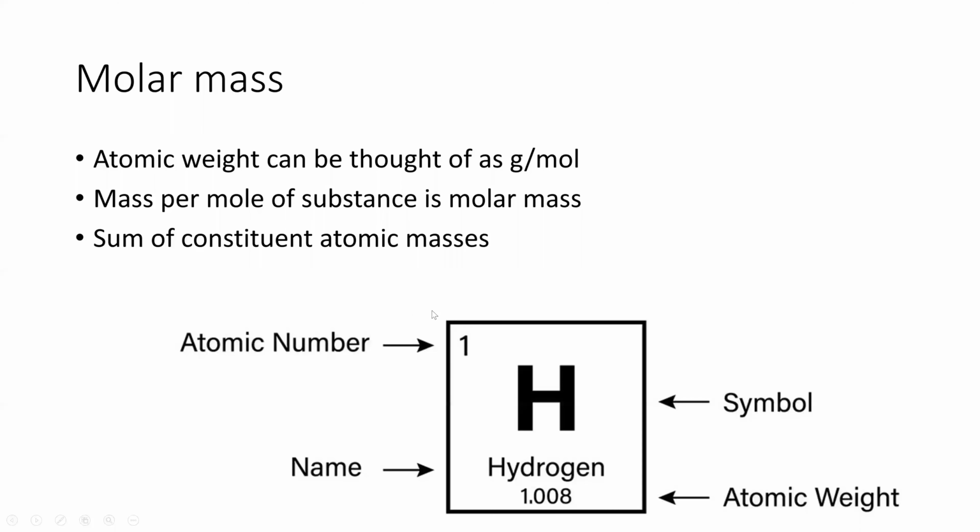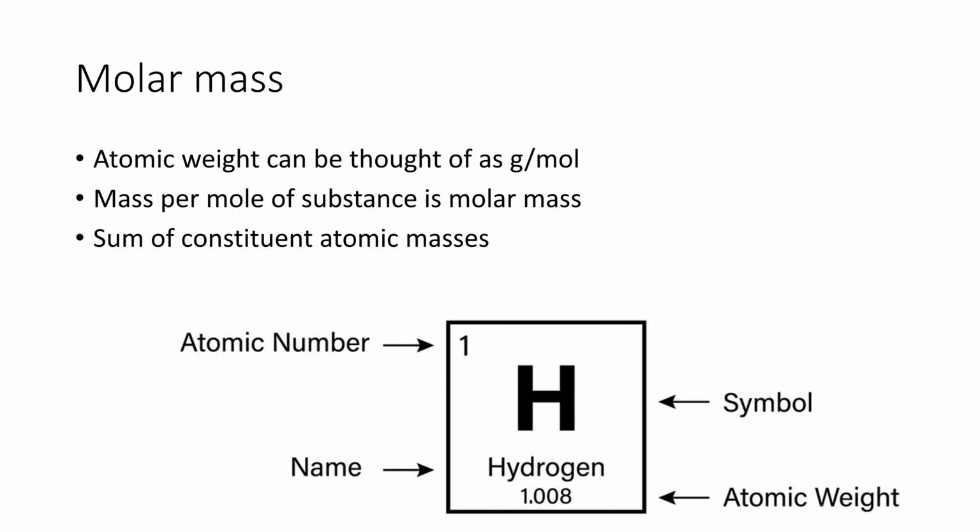So, how do we find the molar mass of a molecule or a formula unit? For example, NaCl. How do we find the molar mass of NaCl? All we need to do is add all of the molar masses of the atoms that make up that compound together. And the electrons don't really impact the molar mass since electrons are too light to matter.